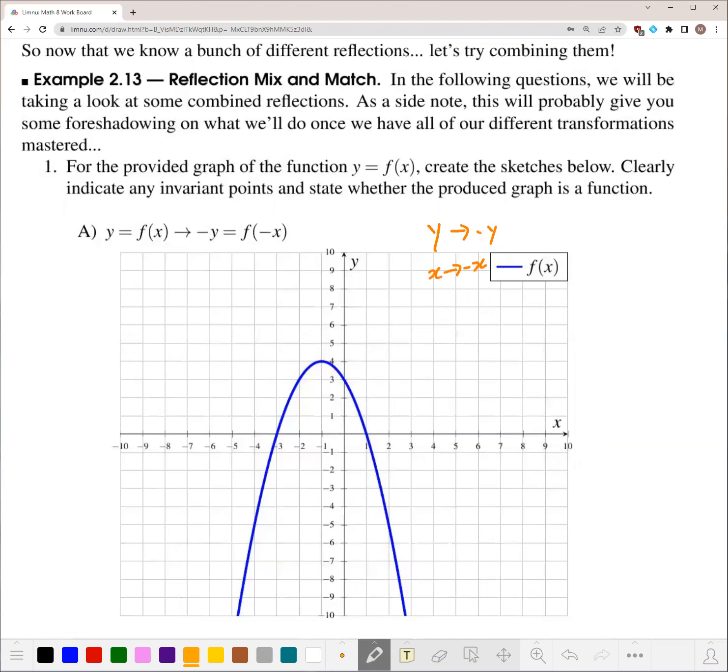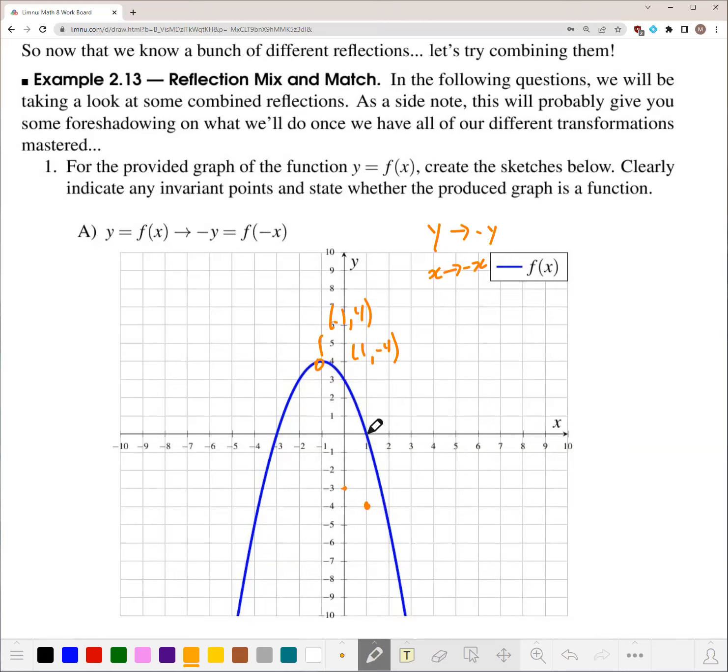Okay, and so if I take a point here, this is negative 1, 4. I'm just going to take this and do the additive inverse, so it becomes 1, and this additive inverse becomes negative 4. Okay, cool. So that point goes there. Next point, this is 0, 3, so it's going to stay as 0, but it's going to become negative 3.